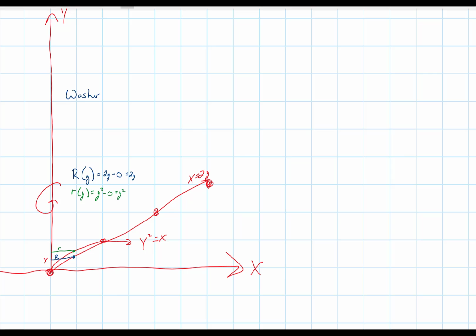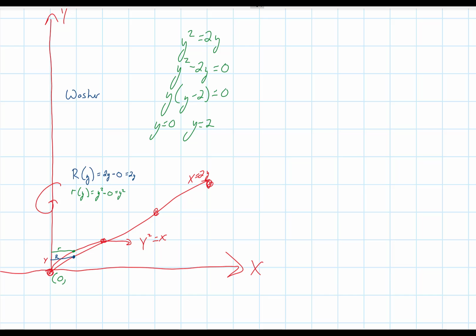So now we have the information for our radii. We need our points of intersection, so we know what our boundaries are going to be. So we set the two equations equal to each other. So y squared equals 2y. y squared minus 2y equals 0. Factor out our y, so we get y times (y minus 2) equals 0. So we get y equals 0, y equals 2.